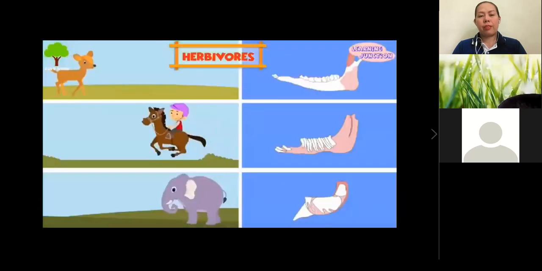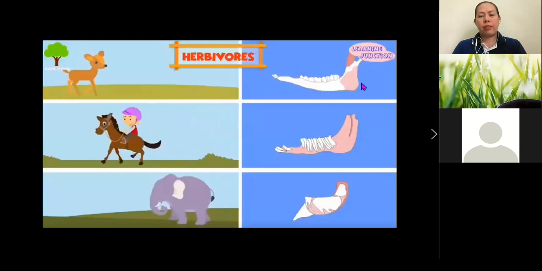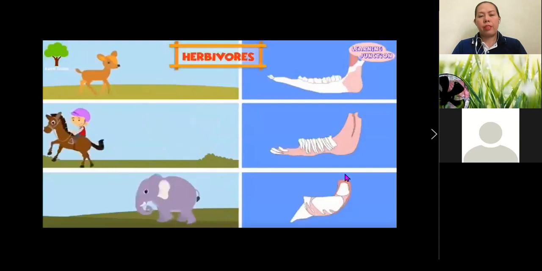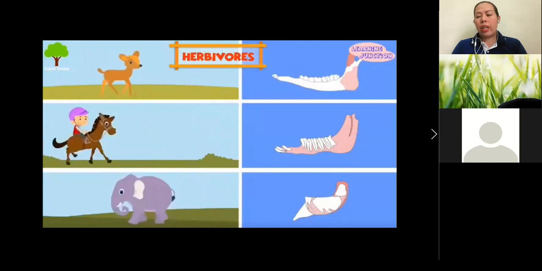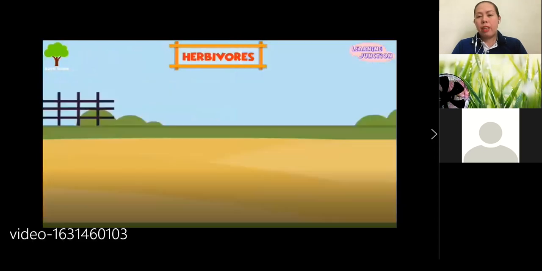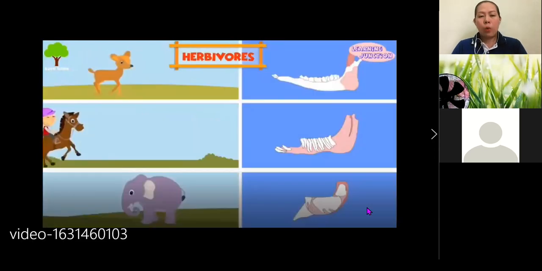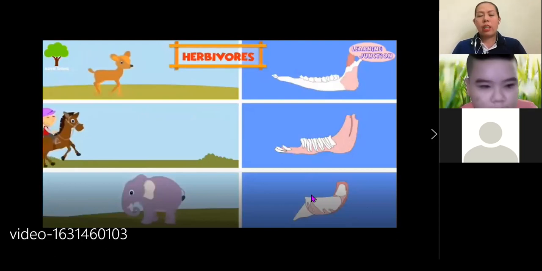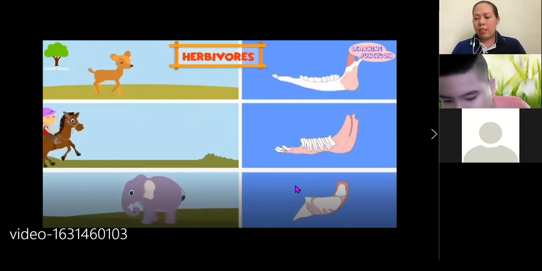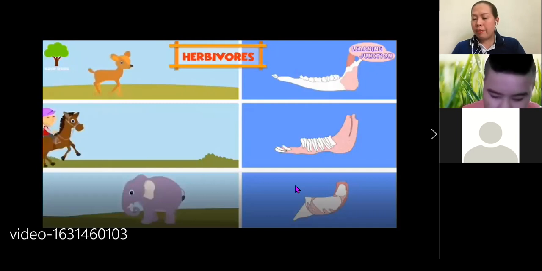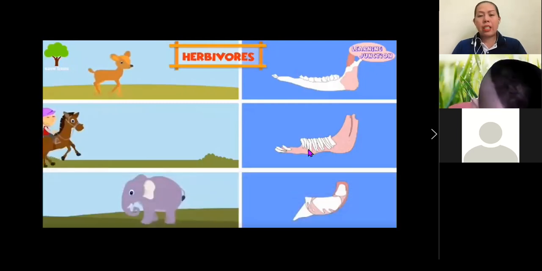Okay, it also says that herbivores have different types of teeth. Their teeth are mostly wide and flat, because their teeth are specialized or designed for grinding and rasping.